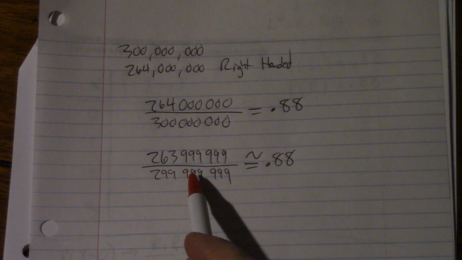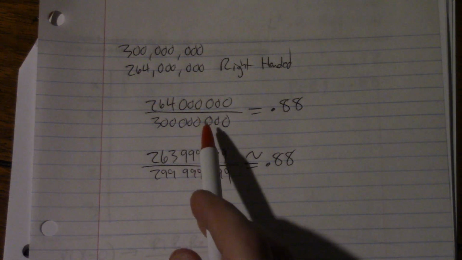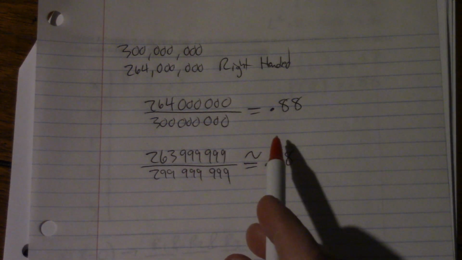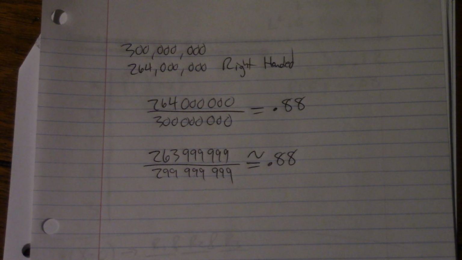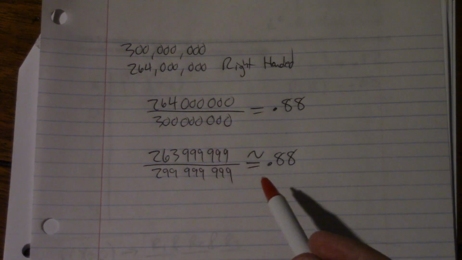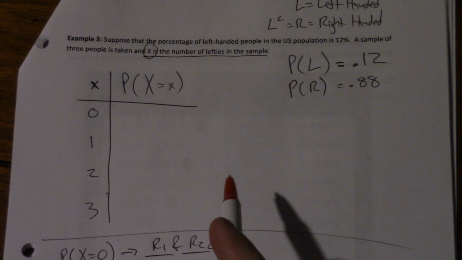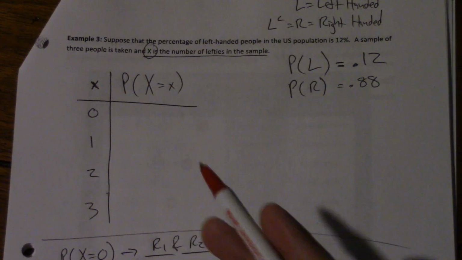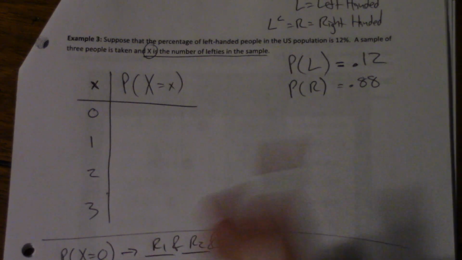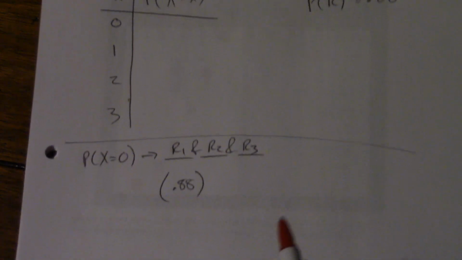We have such a large population and we're taking such a small sample that we don't really have to worry about the selection method. So essentially in this problem we're going to assume that the selections are with replacement, probabilities are independent, nothing changes. That's a reasonable assumption here.